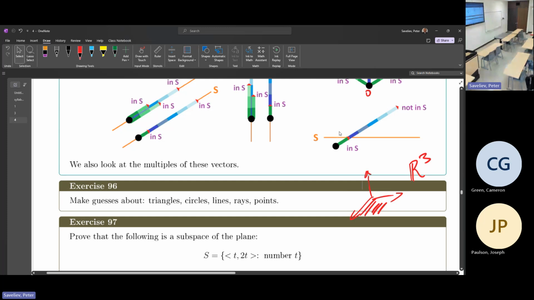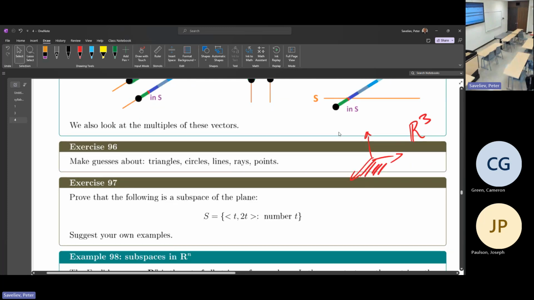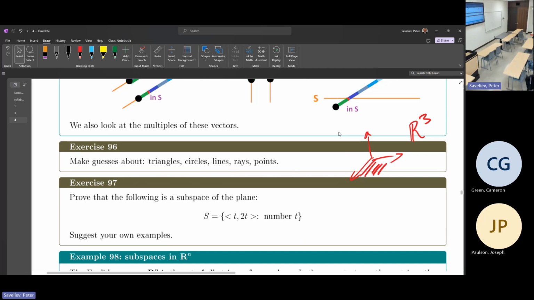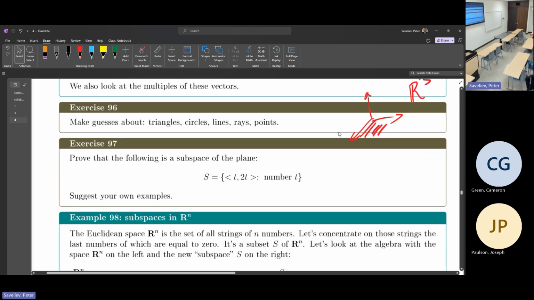And so once again, you have a plane of vectors. Even though we execute it in R3, the third coordinate is really not contributing anything because it's always 0. And so we are good to go, we have a space of vectors.